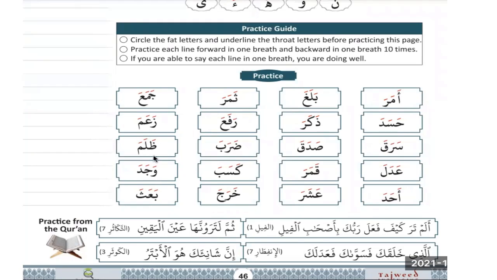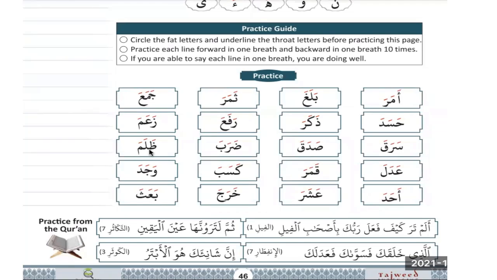Again, next, za. Just focus on every word. If you see any fat letters, make a heavy sound. Here is the word zalama. Za is from the fat letters family. Then lam fatha la is a light letter. Mim fatha ma is a light letter. Only za will have a heavy sound.